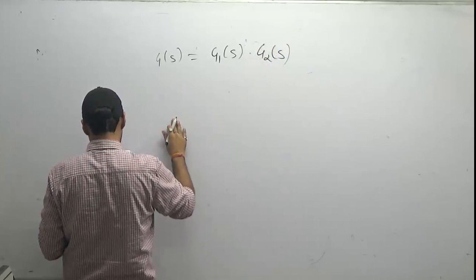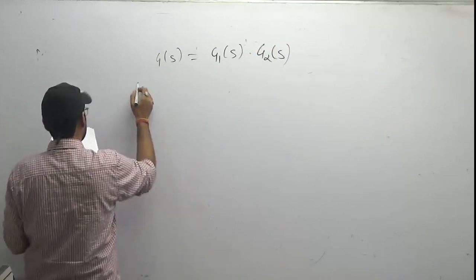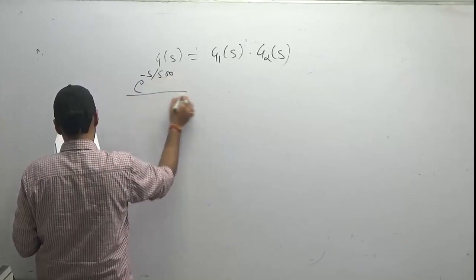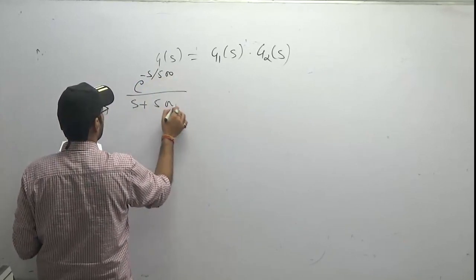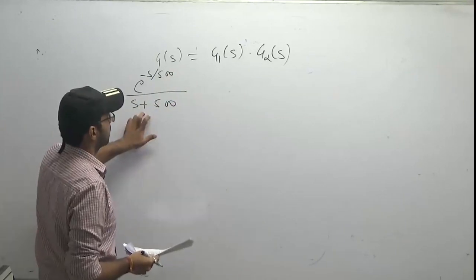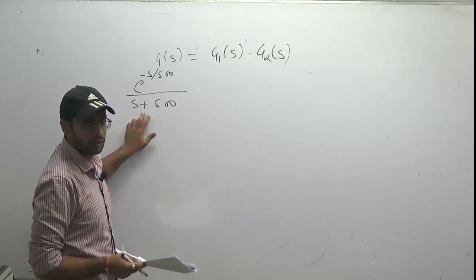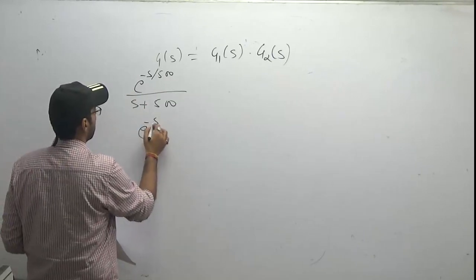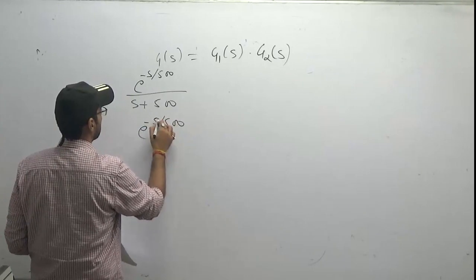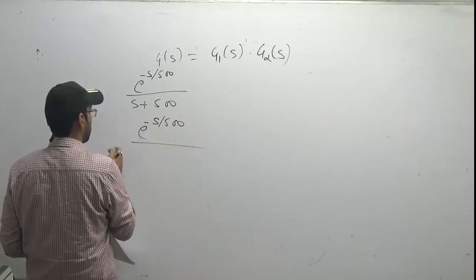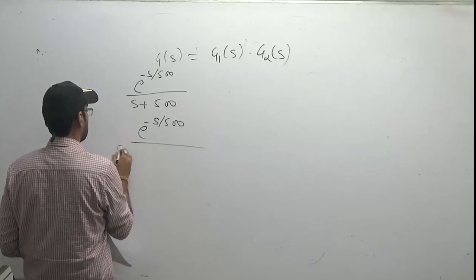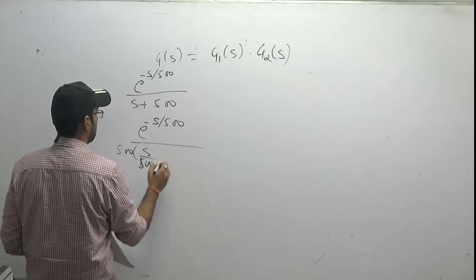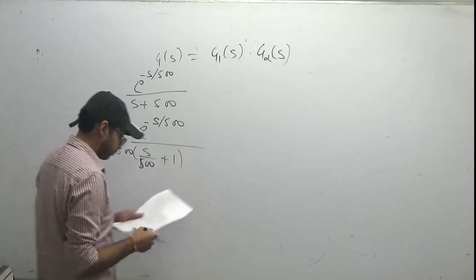You can write this in standard form. What is the standard form? e raised to the power minus s divided by 500, take 500 common, and you will get 1 upon s divided by 500 plus 1.